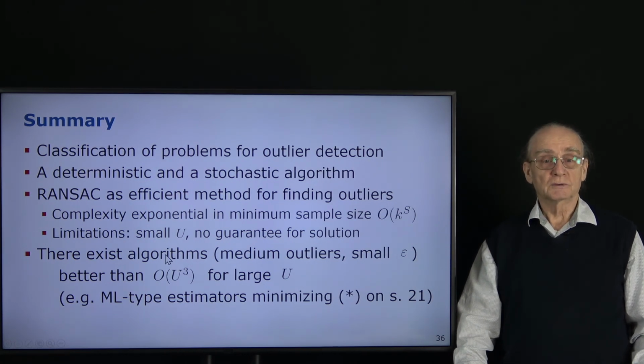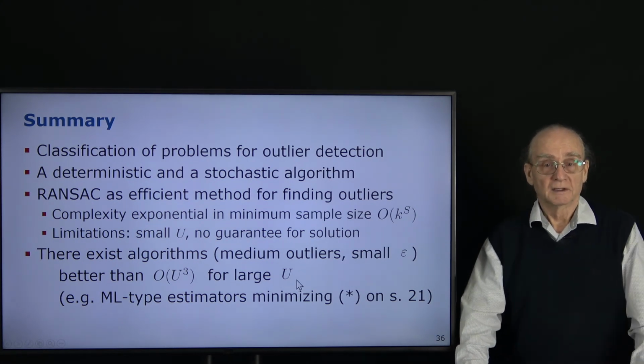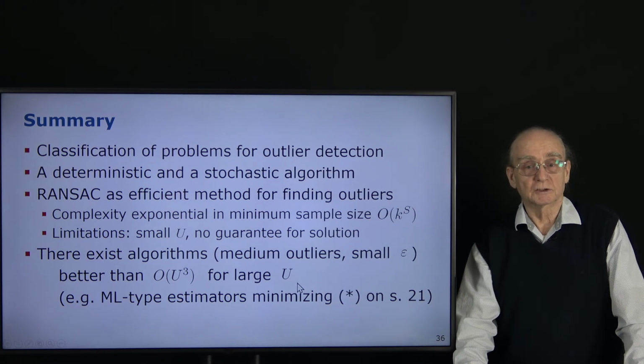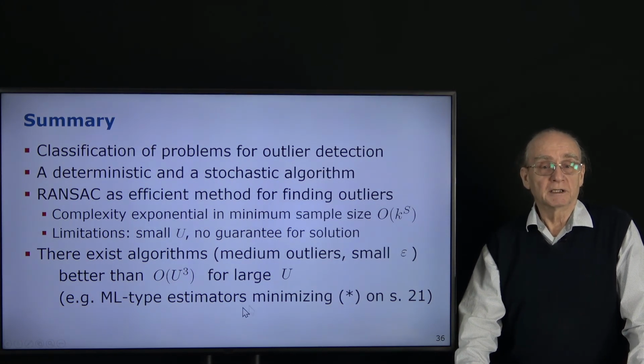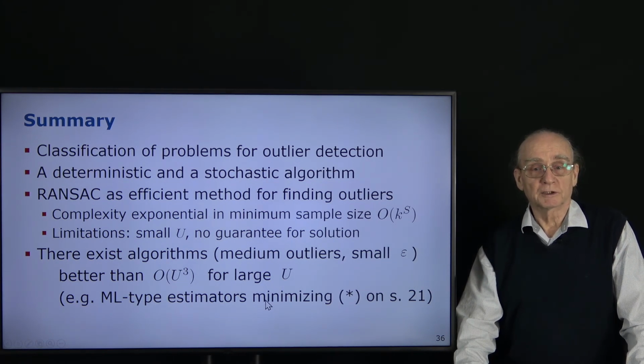And that means you can use these algorithms for very large U, let's say U equals 1,000 or 10,000, and still have an outlier detection routine. And you can imagine that these estimators can be a modification of what I showed you on slide 21.